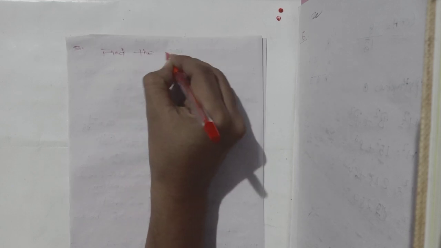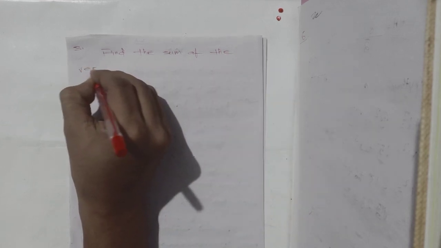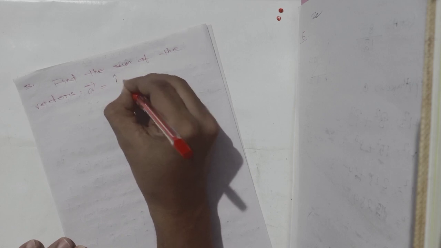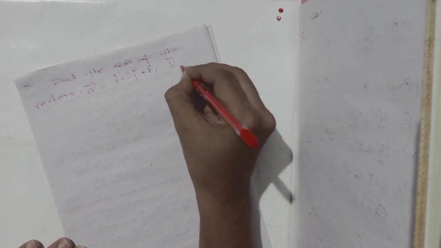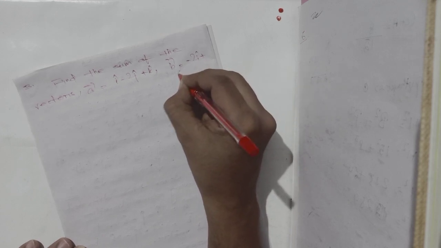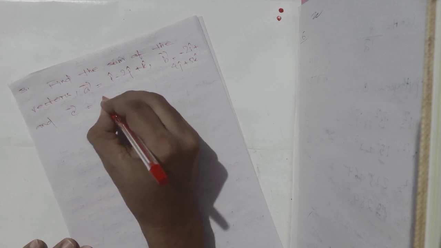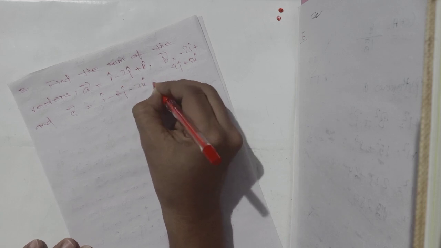Find the sum of the vectors A equal to I cap minus twice j cap plus k cap, B vector equal to minus twice I cap plus 4 j cap plus 5 k cap, and C vector equal to I cap minus 6 j cap minus 7 k cap.